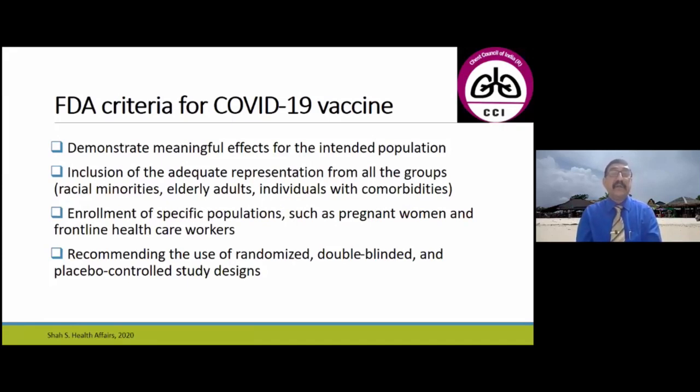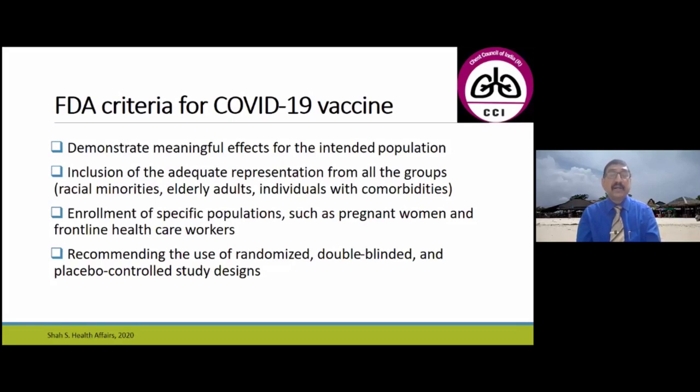The criteria require that it demonstrates meaningful effects for the intended population, with adequate representation from all groups, that is racial minorities, elderly adults, and individuals with comorbidities, and enrollment of specific populations such as pregnant women and frontline healthcare workers.